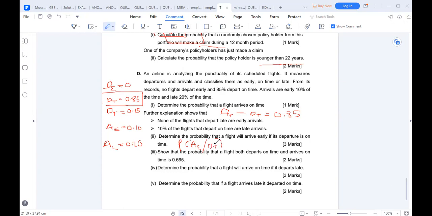So we've been told that 10% of the flights that depart on time are late arrivals. So if it departs on time and it means to arrive late, and arriving late is 10%, 0.10.